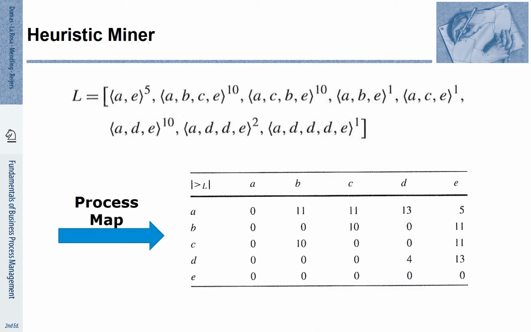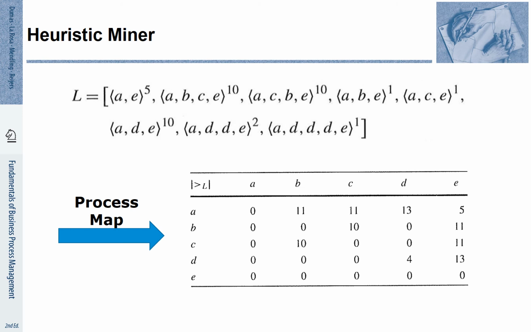Now let's look at the heuristic miner. The difference between the alpha algorithm and the heuristic miner is that the heuristic miner takes frequencies into account. This means we get a transition matrix now, and the transition matrix captures the frequencies, how often we move from one event to another type of event.